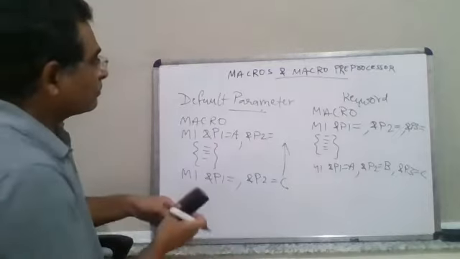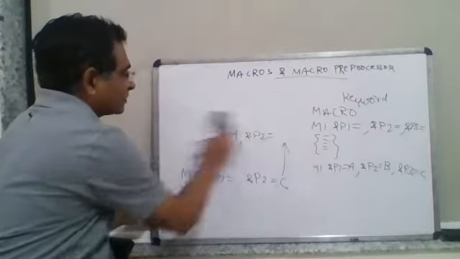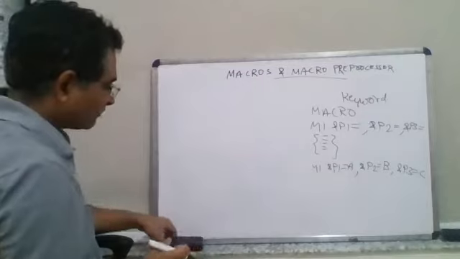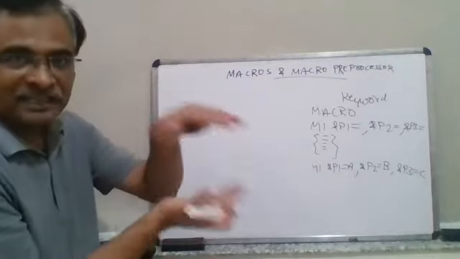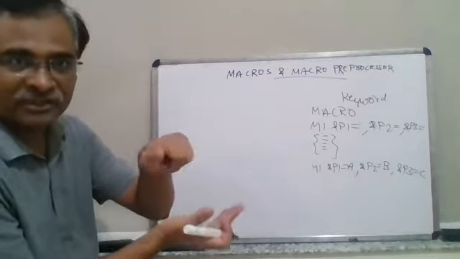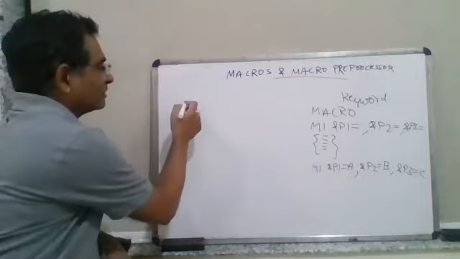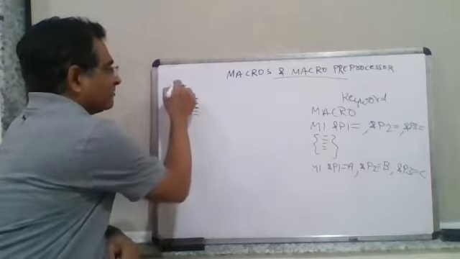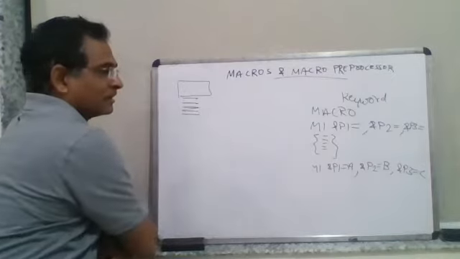So in that way, the parameters could be submitted to the system. Now, okay. So what I'm taking into consideration here is that you know what a macro is. Macro, I told you, is a set of statements which is similar to a function, right? What I'm saying here now is, let's say here there is a group of statements, and there is some macro definition which you are giving here.